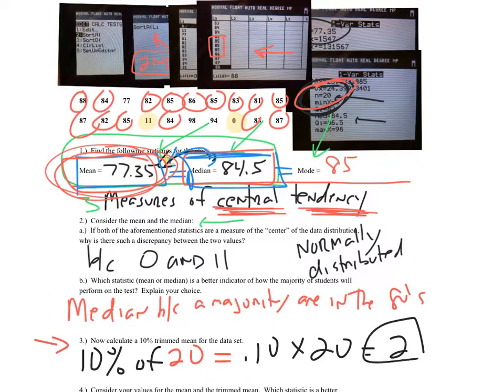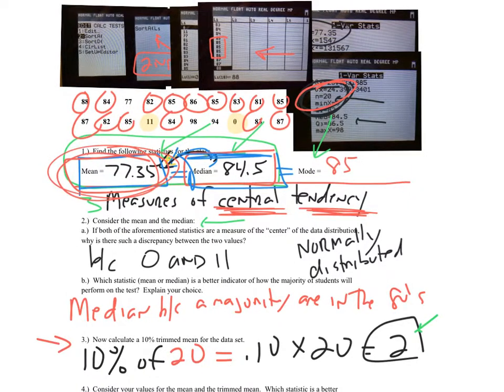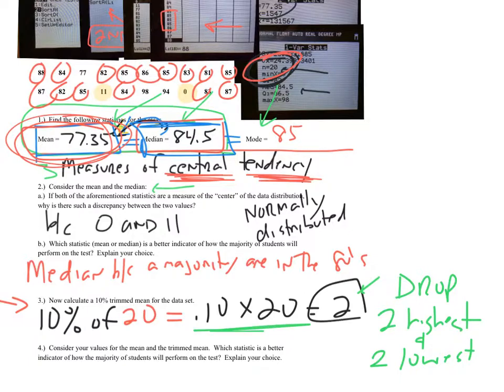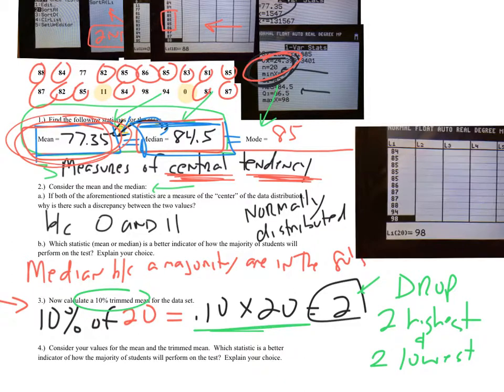So here it's going to be 2. So to find the 10% trimmed mean, we're going to drop the 2 highest and 2 lowest test scores, and then re-average, because 10% of 20 is 2.